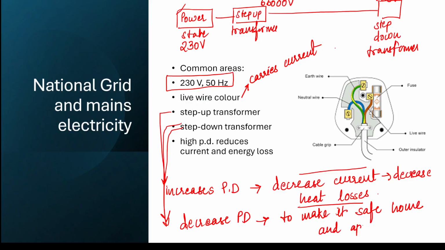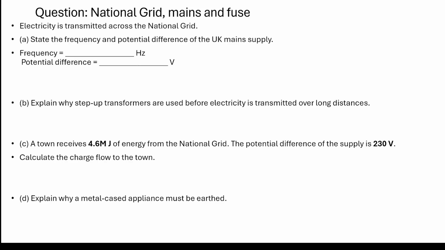That's the reason why we have transformers. Step up to decrease the losses, step down to make it safe for the home and the appliances. You cannot have an appliance running at 66,000 volts. That would be terrible.